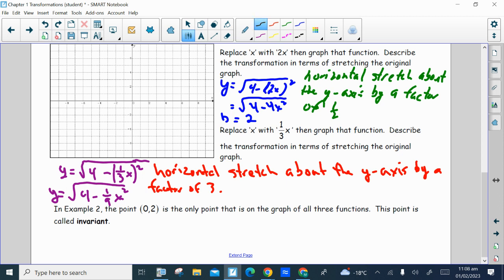All the x values were multiplied by 3, so our mapping notation would be x comma y maps into 3x comma y.